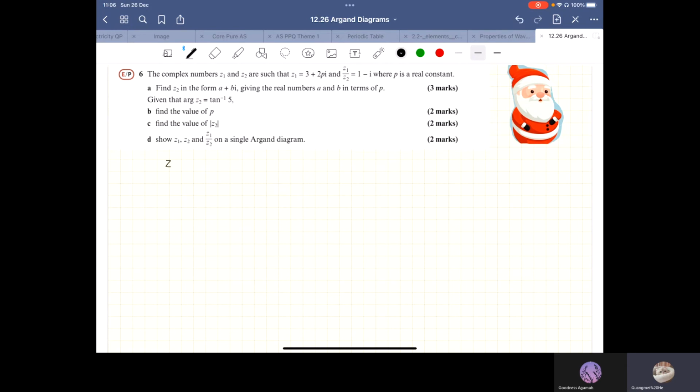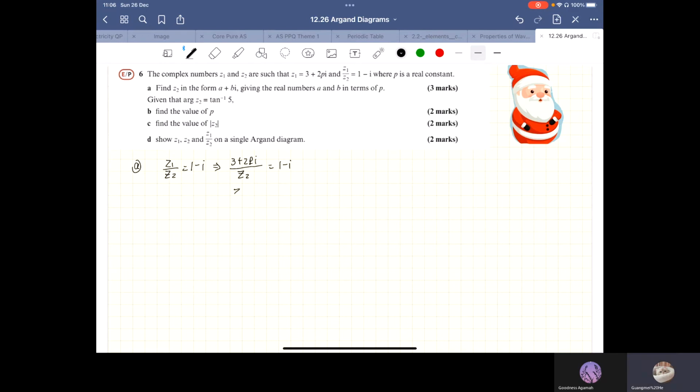It says that for part A, we have Z1 over Z2 equals 1 minus i. We know Z1, so we can plug in Z1. So we get 3 plus 2pi over Z2 equals 1 minus i.